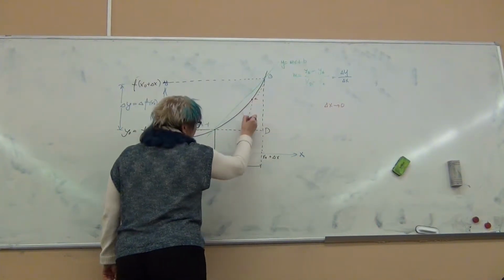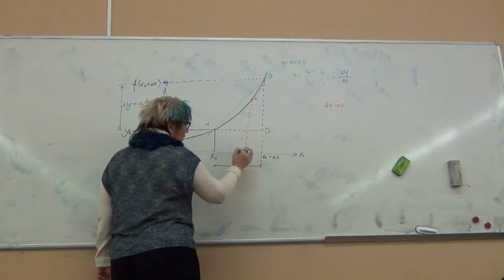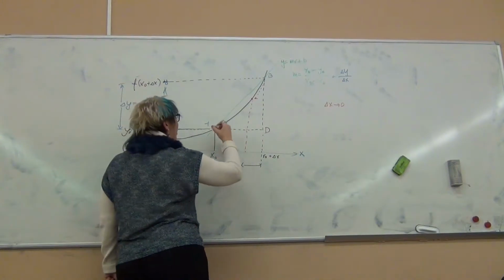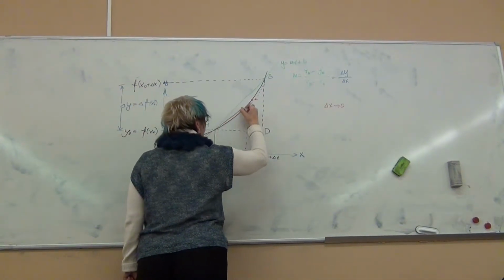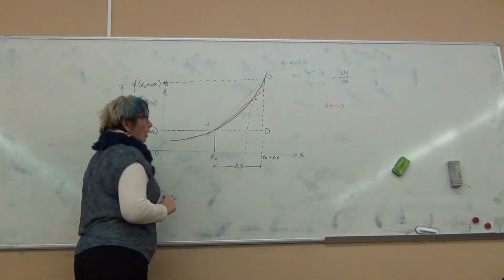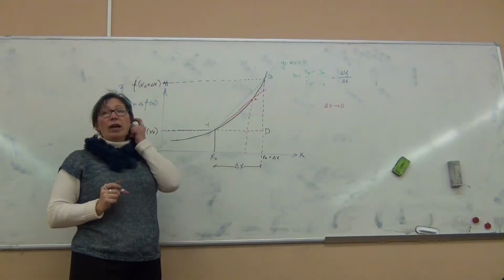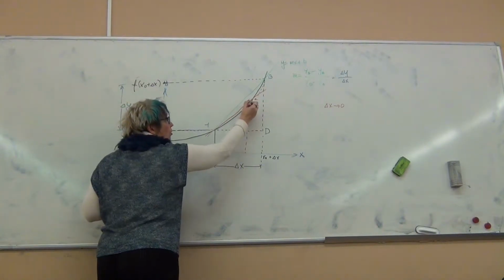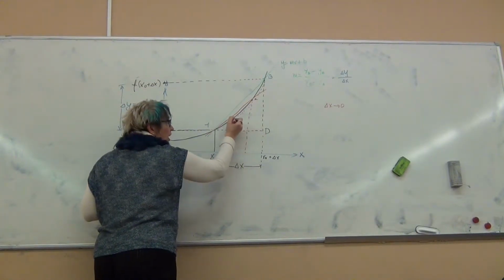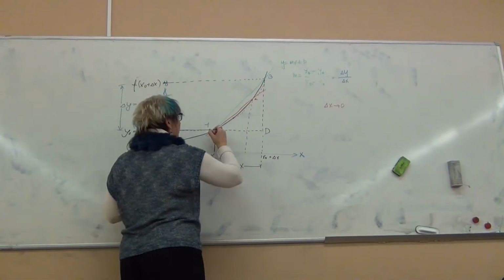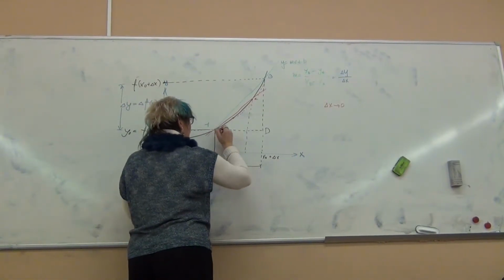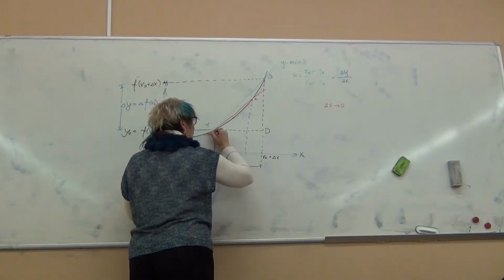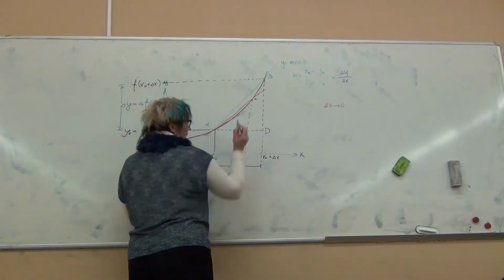If delta x has decreased to this value, then this secant has become something like this, that would be, let's say, the point B1. If I decrease delta x even more, the point B might slide even closer, and then the secant would be this. It's difficult to sketch now.